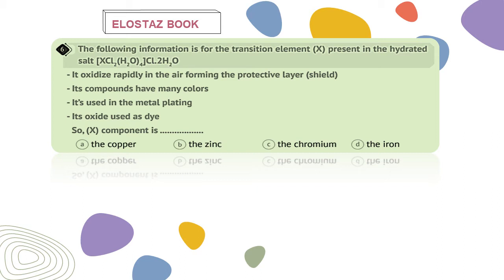So we wanted to know what is the X element that we use to form this hydrated salt. We have the copper, the zinc, the chromium, and the iron. Do you think what is the right answer here?